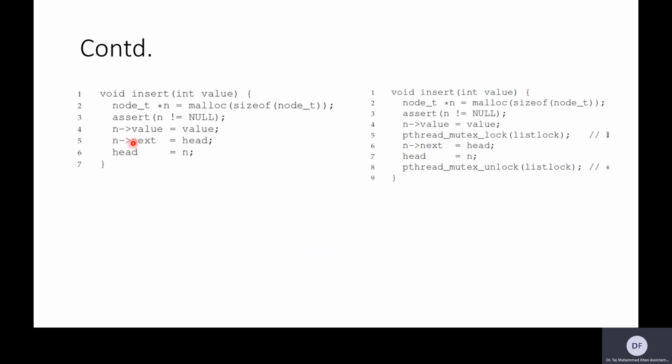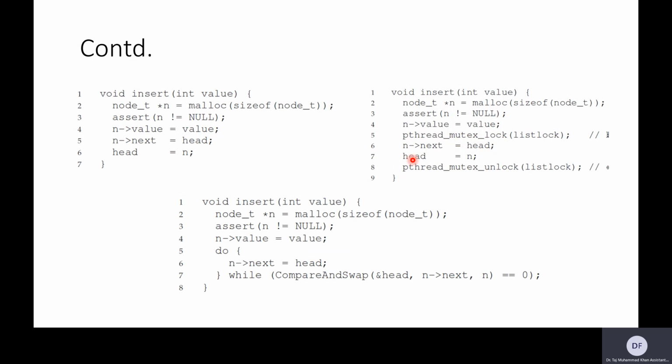So either we make this operation atomic by using locks, just like here, as we would do normally. Or we can use an atomic instruction to make this swap of next and head.